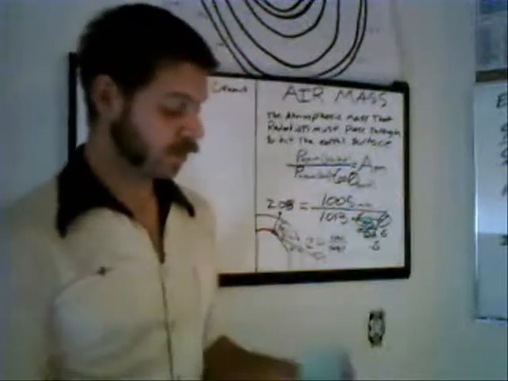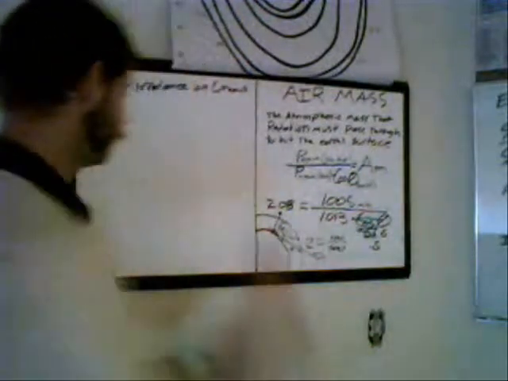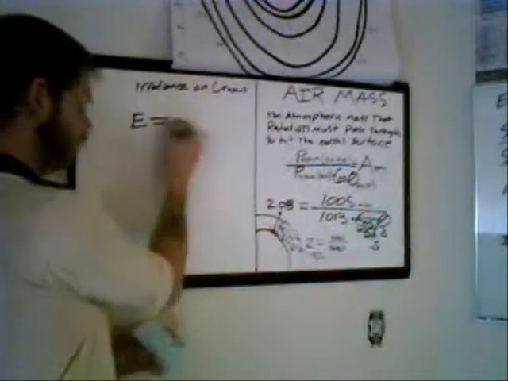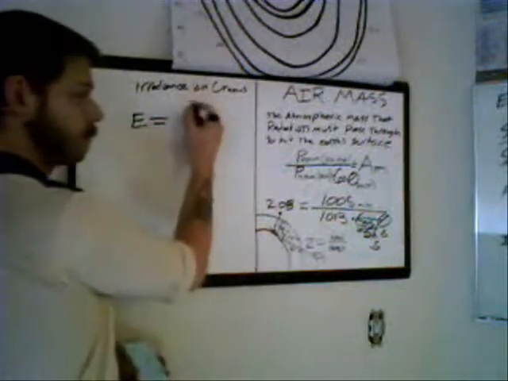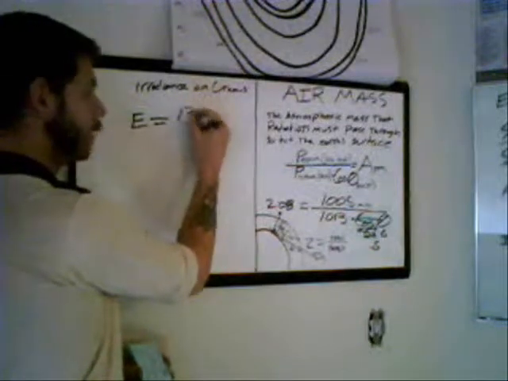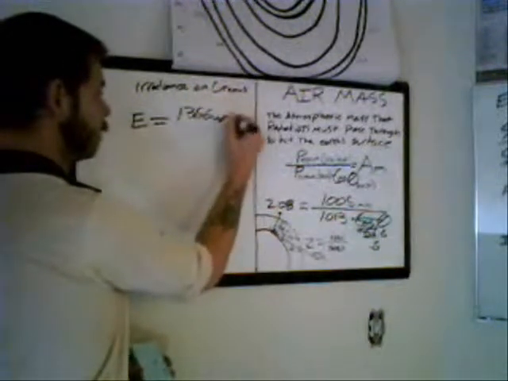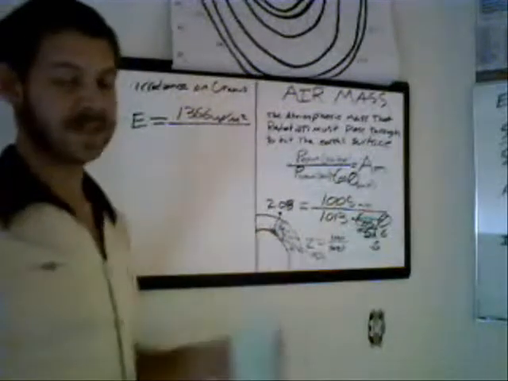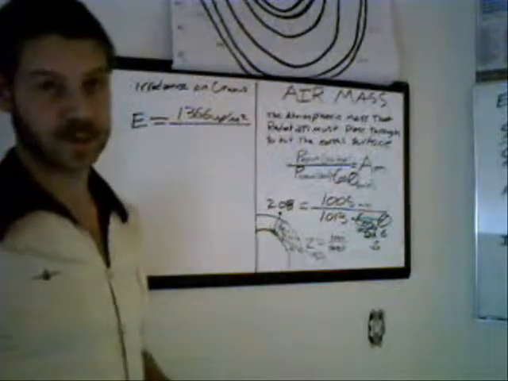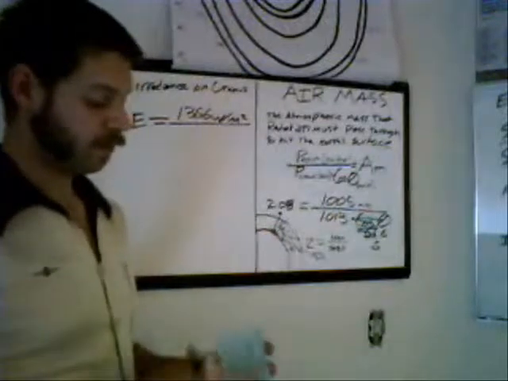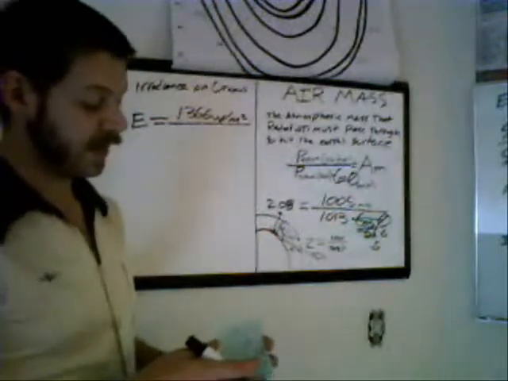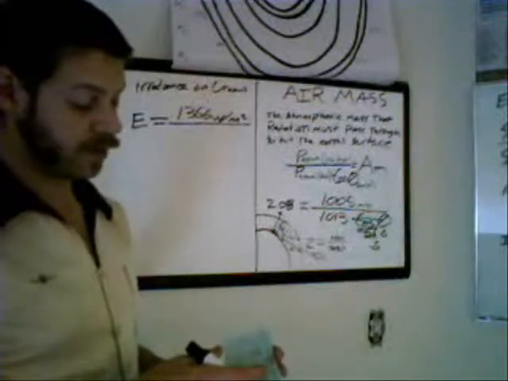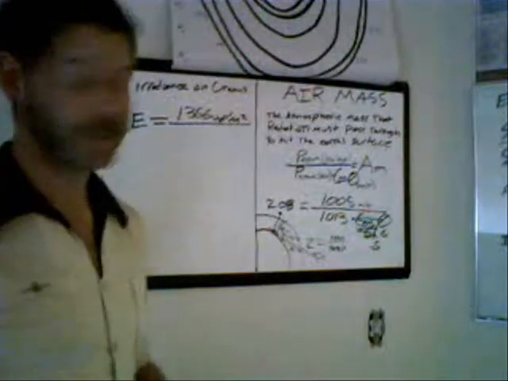As you recall, the irradiance formula is the energy in watts per meter squared is equal to the solar constant, 1,366 watts per meter squared, over the distance in astronomical units squared. Uranus is 2.88 billion kilometers away, which makes it approximately 19.2 astronomical units.